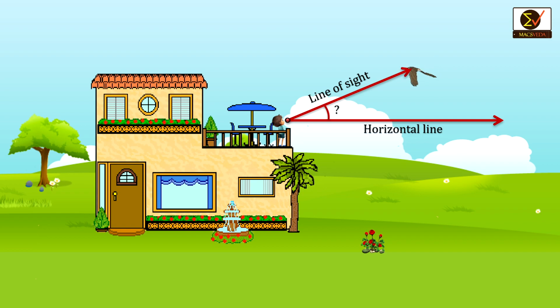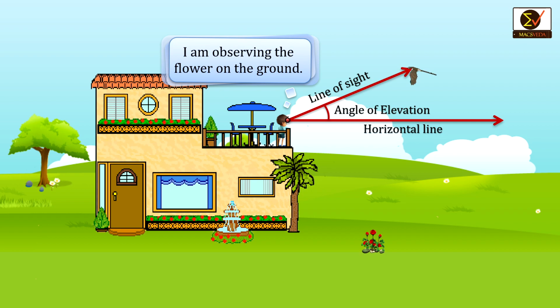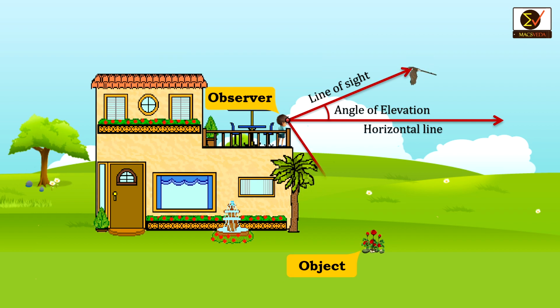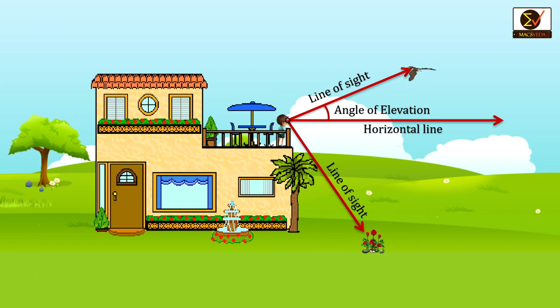Now the angle made by the line of sight with horizontal line, if the line of sight is above the horizontal line, is called angle of elevation. Now I am observing the flower on the ground. So this is line of sight. So the angle made by the line of sight with horizontal line, if the line of sight is below the horizontal line, is called angle of depression.